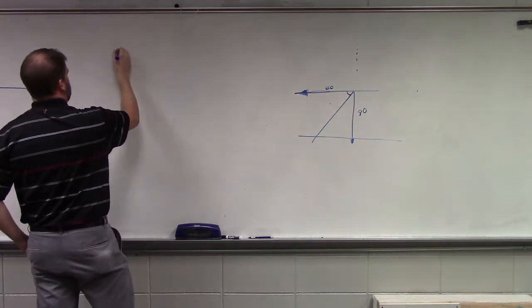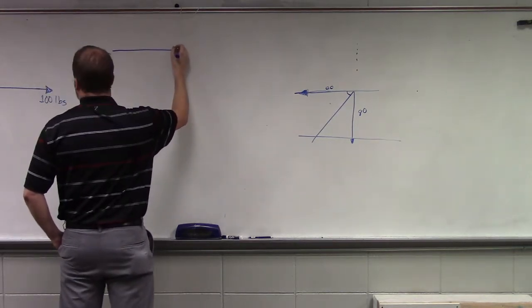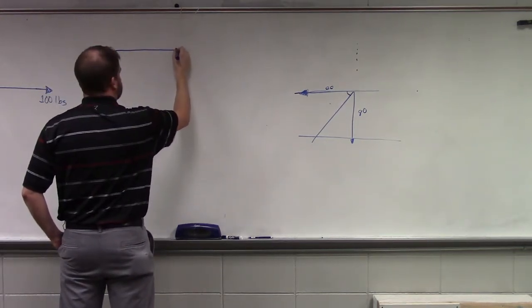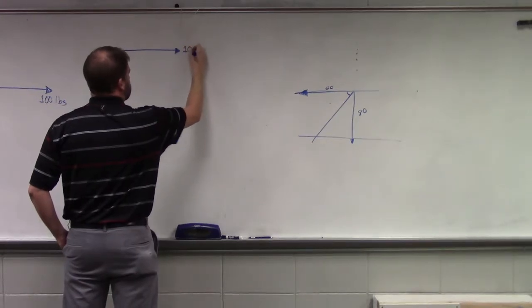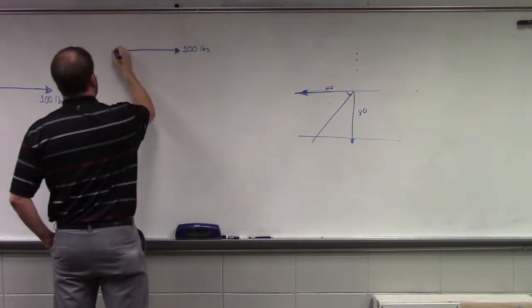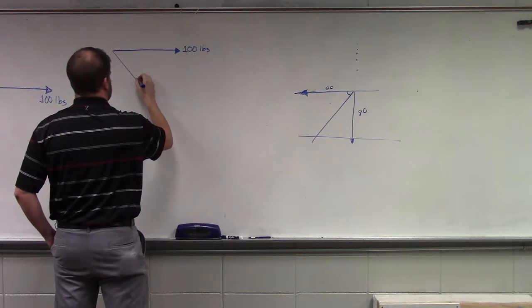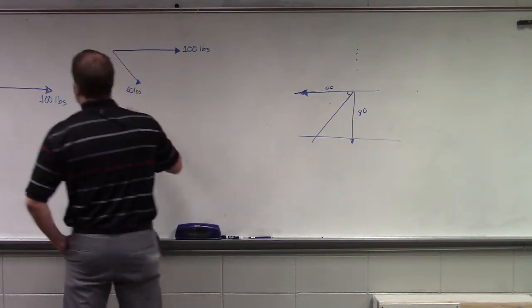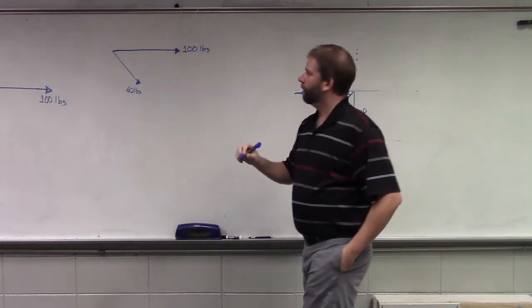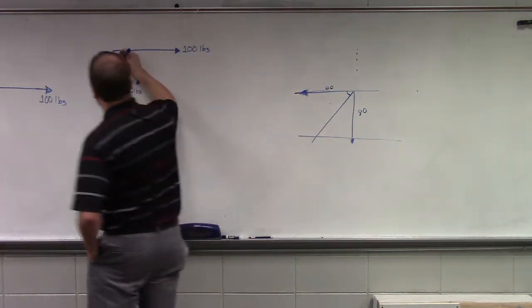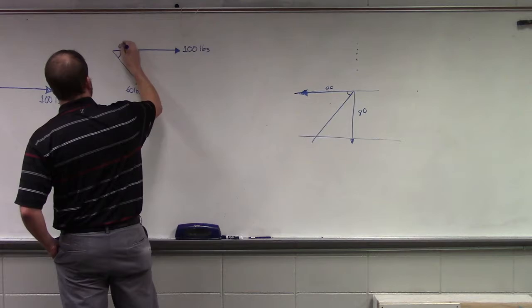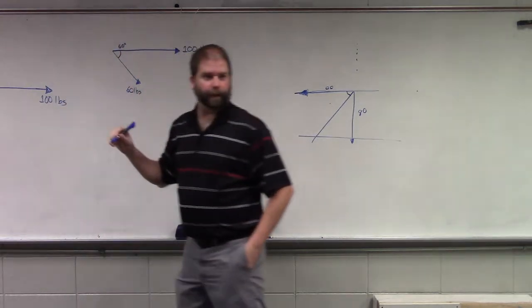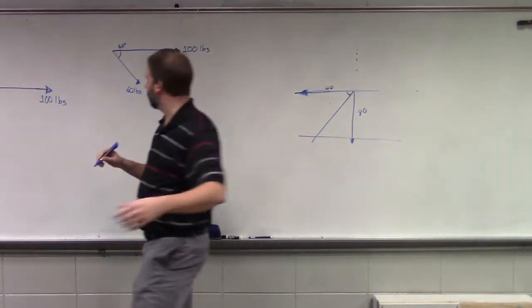Okay, so we'll redraw. So we have our 100 pounds running along our axis, and now there's 60 pounds. Terry says we have a 60 degree angle here. Does everyone agree with that? Yeah, because I'd make 180, a straight line. Exactly.